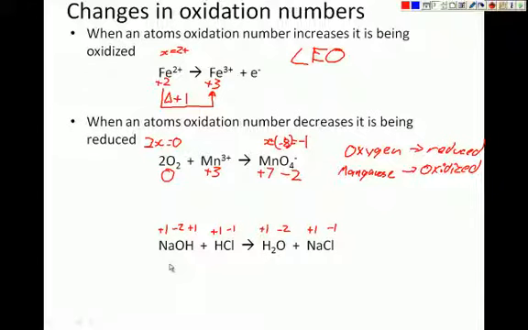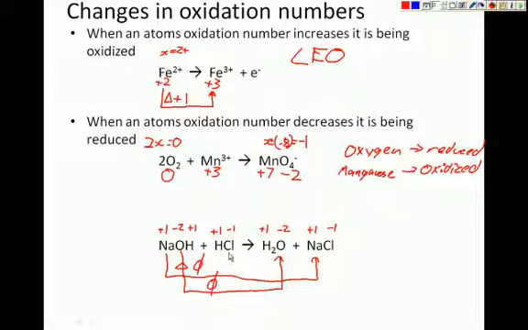Now let's look at the change in oxidation number. For Na, it started off at plus 1, and it finishes at plus 1. So the change is 0. And for oxygen as well, it starts off at minus 2, and it doesn't change, so the change is 0.